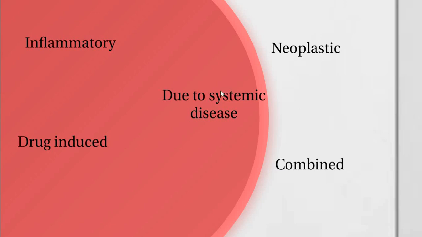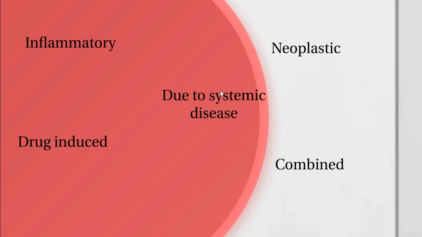We have drug-induced gingival enlargement, for example, 3 drugs that mostly cause it: dilantin sodium, nifedipine, and cyclosporine, which we will talk about in detail. And also we have combined inflammatory and fibrotic gingival enlargement, and gingival enlargement due to systemic diseases. For example, leukemia and Crohn's disease can cause gingival enlargement.